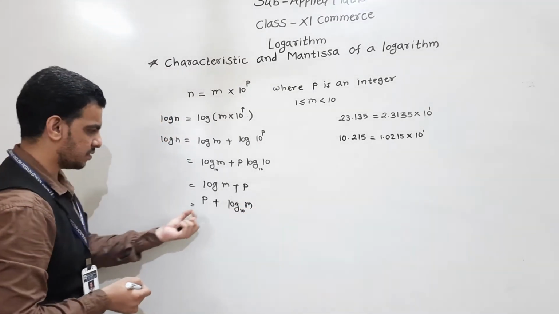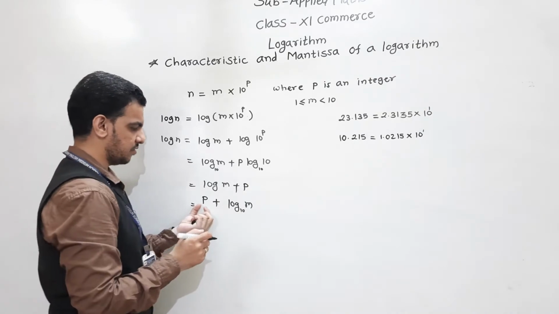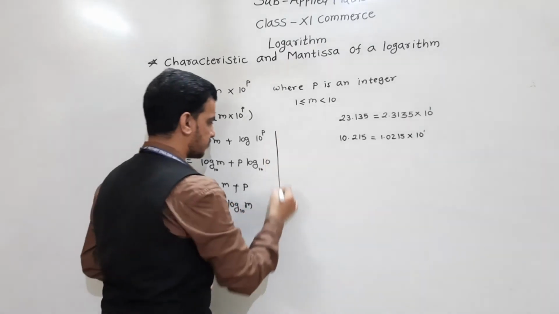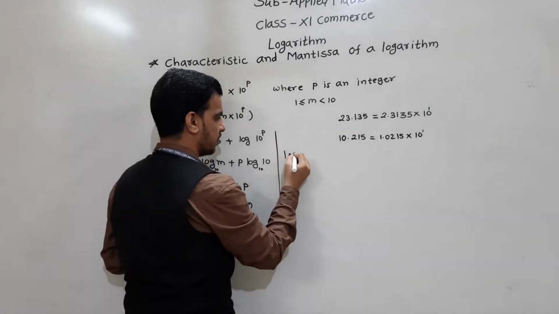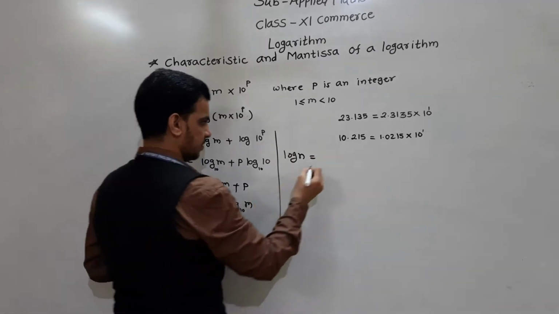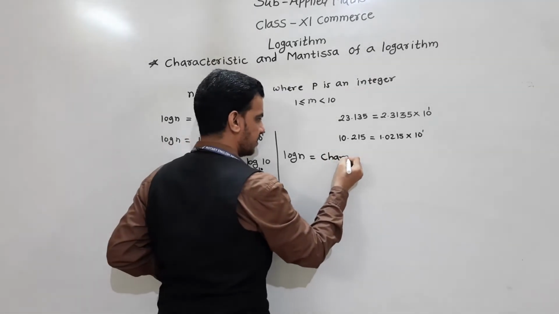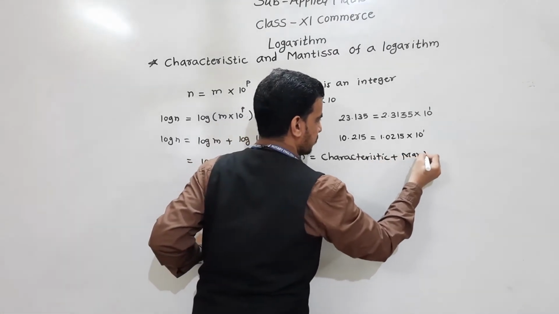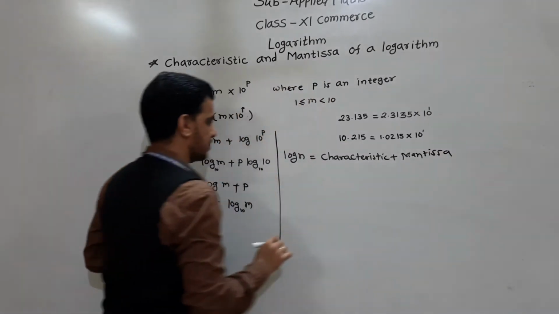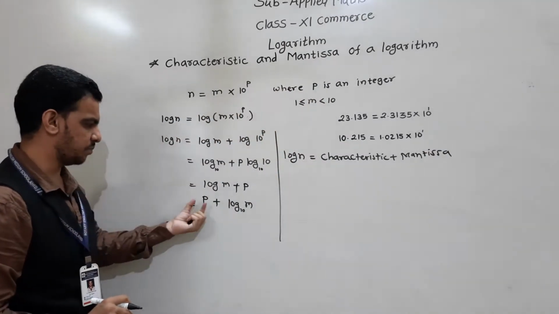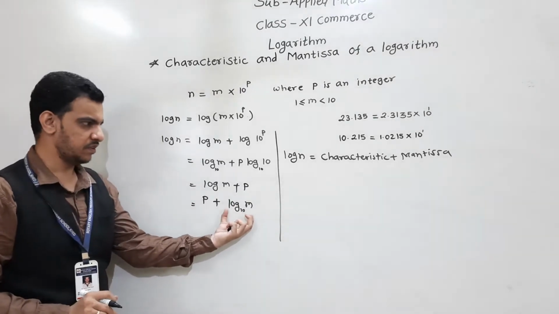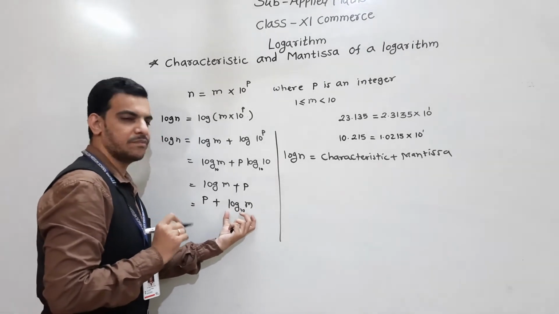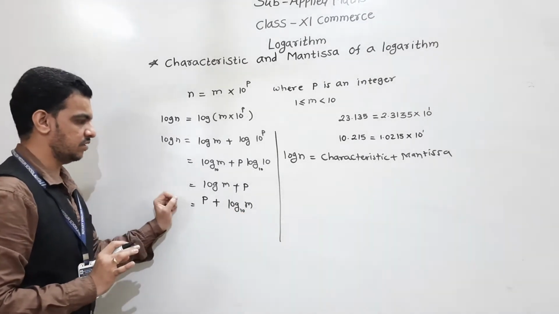So this p is called the characteristic, and log m is called the mantissa. So log n we can write as characteristic plus mantissa. Understand this. So log n is p plus log m, where p is called the characteristic and log m is called the mantissa.